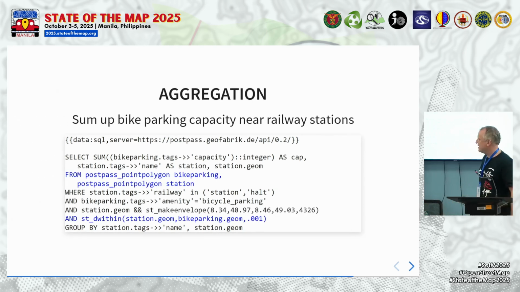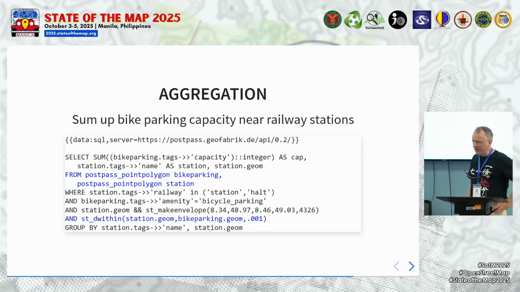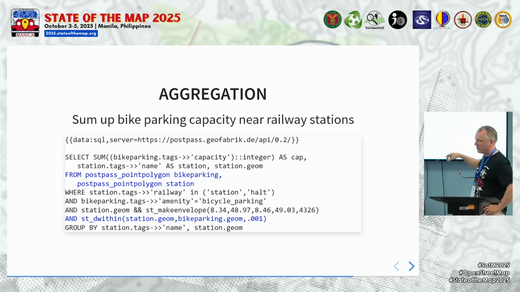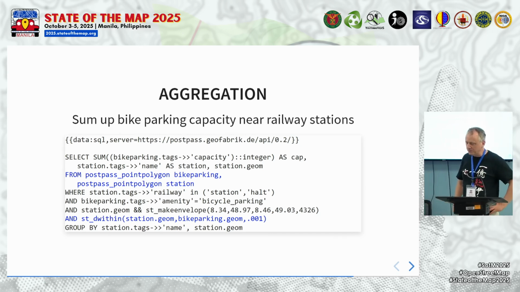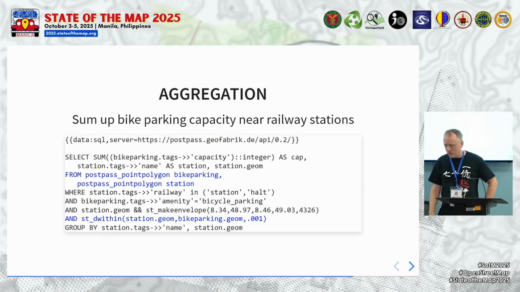So what it does is it's basically using the point polygon table twice, once for stations and once for bicycle parkings. And it says, okay, these have to be within 0.001 degrees near each other, so that's 100 meters. So the bike parking has to be within 100 meters of the station.